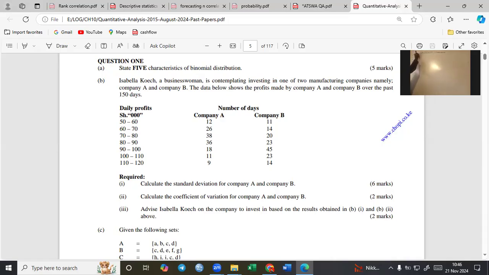Now, company A. The frequencies are 12, 26, 38, 36, 18, 11, and 9.